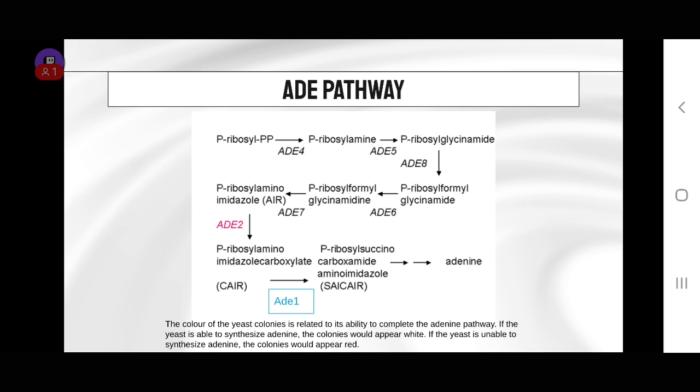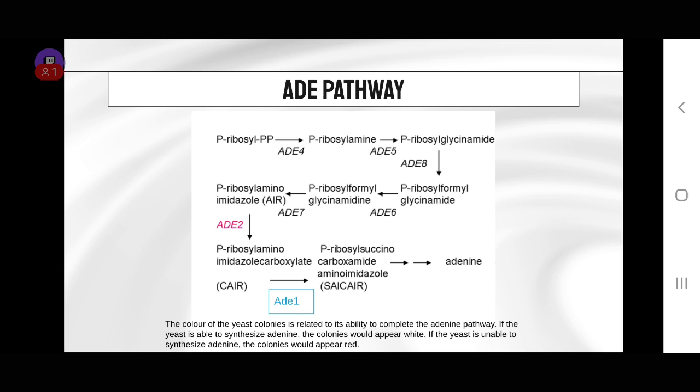To get to adenine, you need all of these intermediate molecules as well as the corresponding enzymes. We need the starting material, which is seen at the upper left-hand corner, the P-ribosyl PP, and through all of these different intermediates and enzymes marked by the ADEs across the screen, we get to adenine, as long as all those enzymes are functioning.